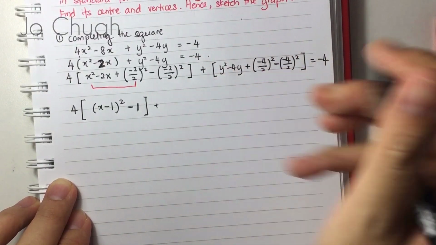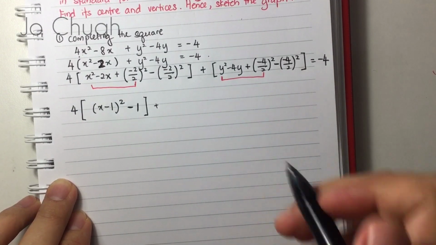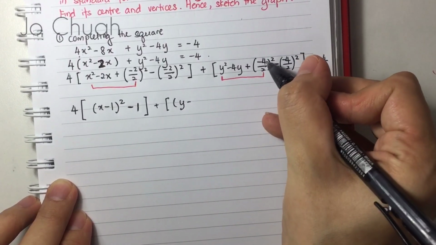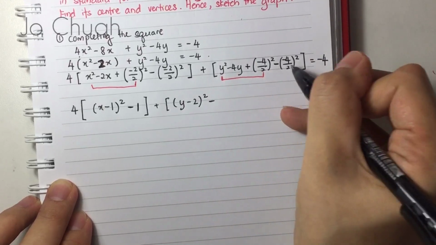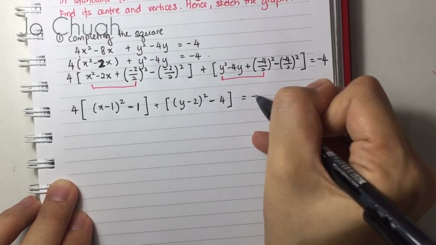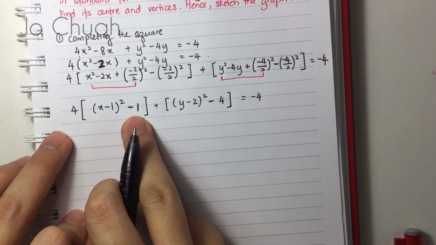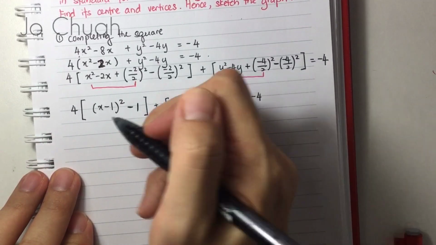For the y part, it's still the first term and the third term. So it will be y minus negative 4 over 2, negative 2 squared minus negative 2 squared, 4 equals to negative 4. So this one, you have to expand it and then collect all the numbers at the right hand side.